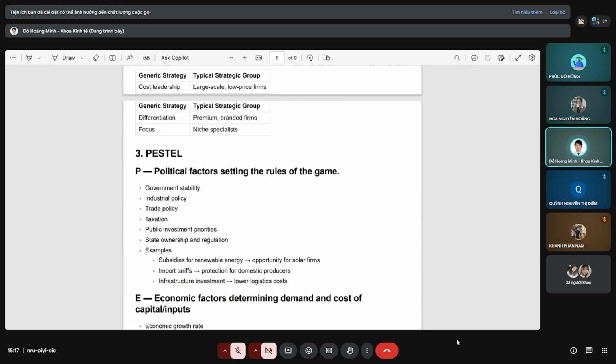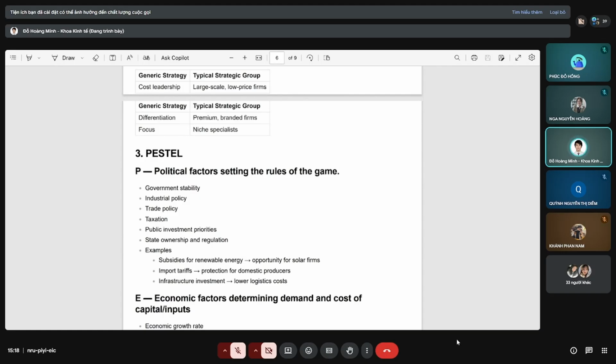The PESTO model is concerned about the macro factors. The PESTO model explains why the 5 forces are strong or weak, because the macro factors have significant influence on the micro factors, right?